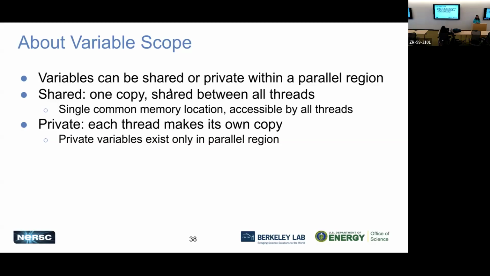So this i should be private, meaning each thread will have its local memory to handle what this i should be for that certain thread. But if all the threads are working on a big matrix and each works on a small part of it, the whole matrix can still be shared, especially if you are only reading, not even modifying it. So shared and private, this is what it means.